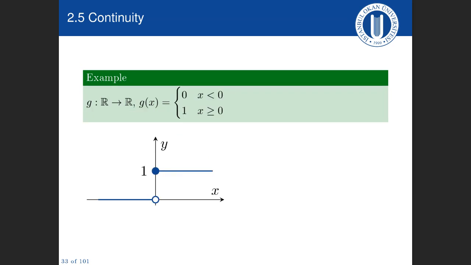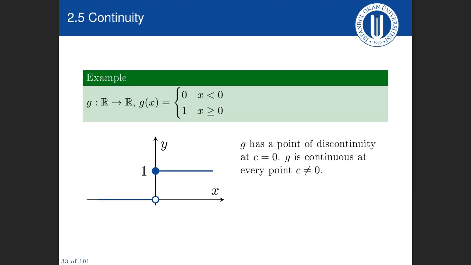This function g has a point of discontinuity at c equal to 0, but g is continuous at every point which is not 0.